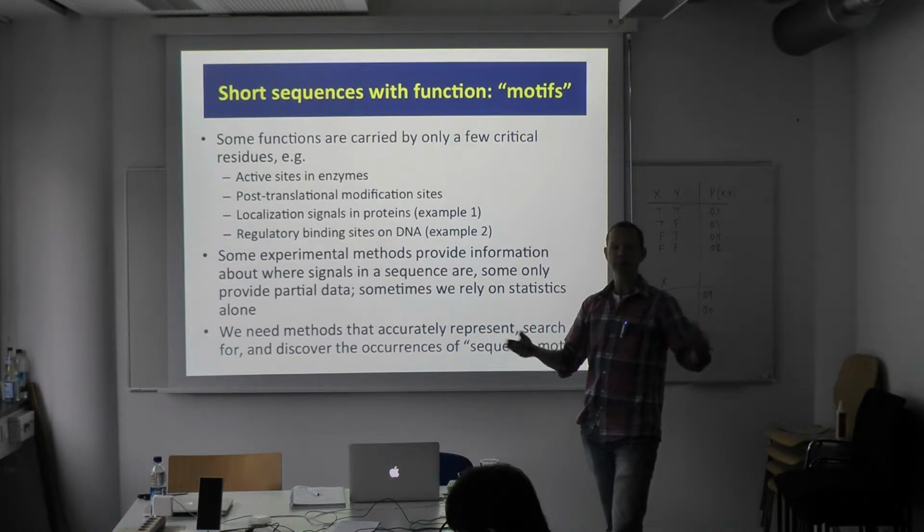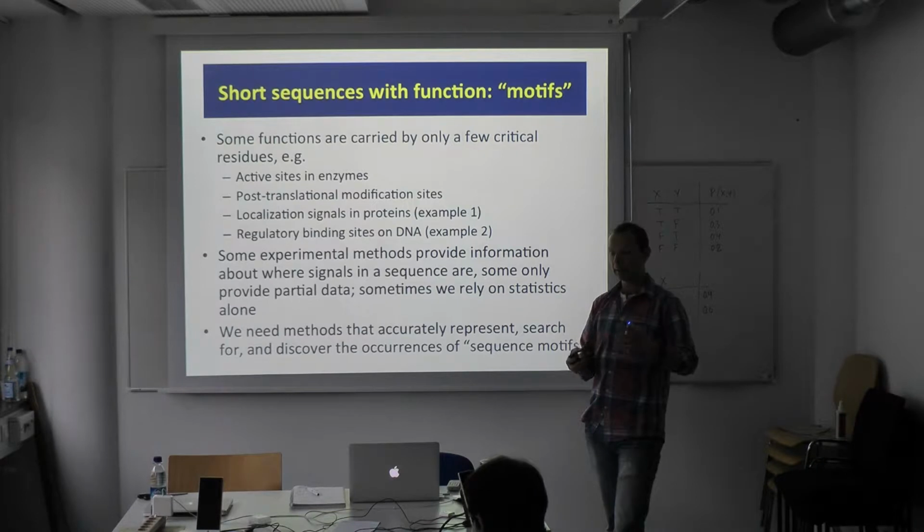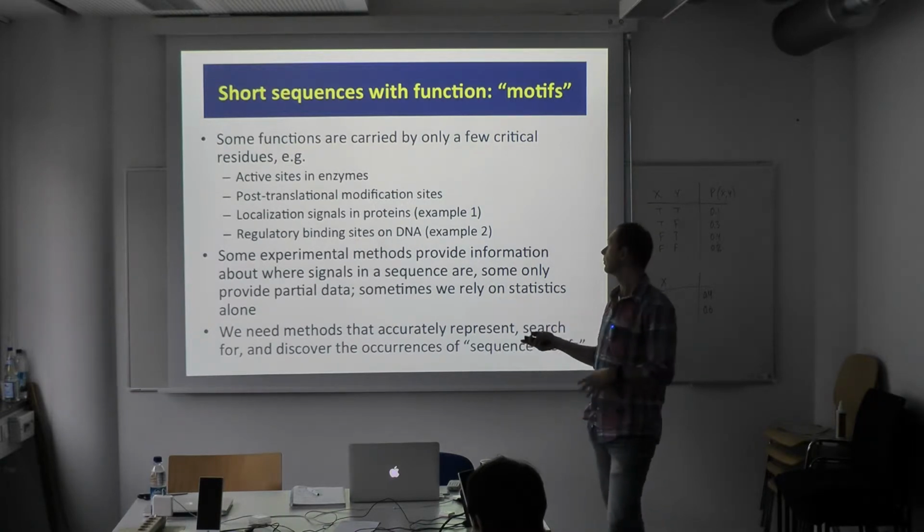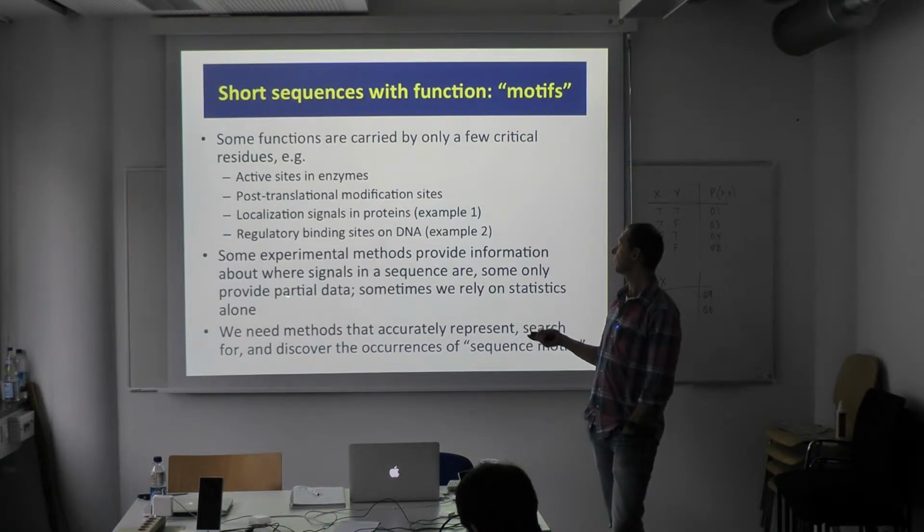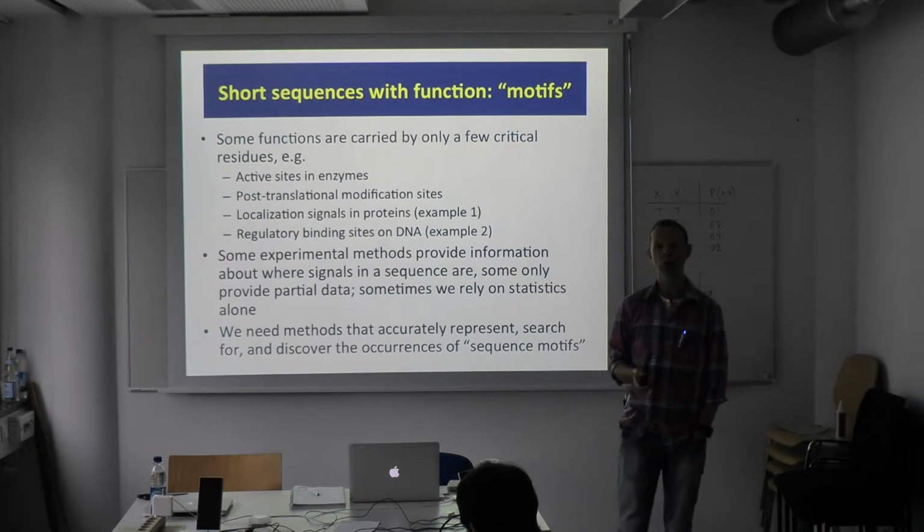As in most problems in biology, there would be variations, and we need to be able to appreciate those variations in the description that we're using here. Of course, that variation can only come from us looking at large-scale data. Sometimes we have access to partial data that will give us hints on what the sequence motifs look like. Sometimes we rely on statistics alone.